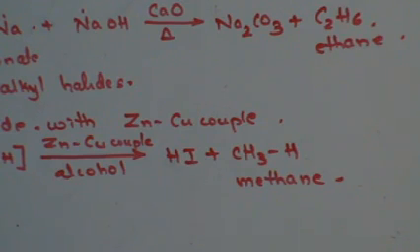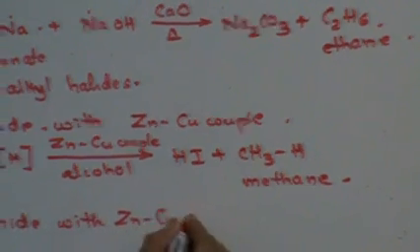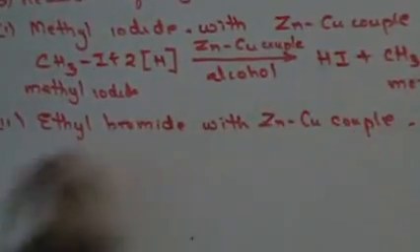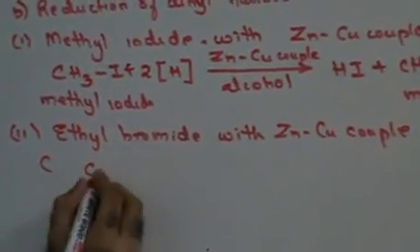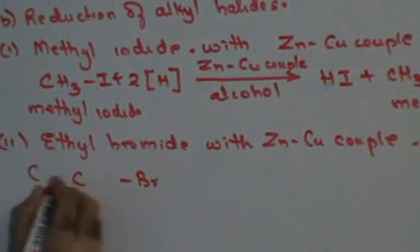Let's see another reaction of this kind. Ethyl bromide reacts with zinc copper couple. Ethyl, 2 carbon atoms, bromide, Br.